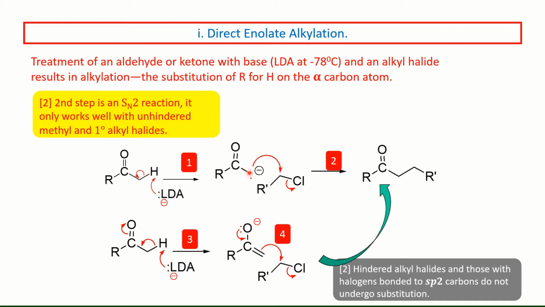Your enolate will then attack your alkyl halide. Realize your alkyl halide has to be primary or secondary, because it is a bimolecular event with eventual removal of the leaving group. So here is the new carbon-carbon bond. We can use this flavor of the enolates.